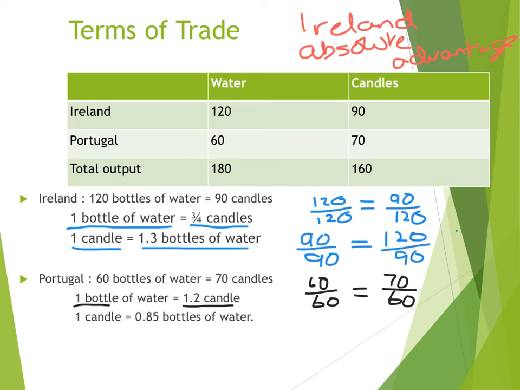Okay, so then let's look at the candles. So we have 70 divided by 70. Let that equal 60 divided by 70. And 70 divided by 70 gives me one candle, and 60 divided by 70 gives me 0.85 bottles of water. So what we can see here is that the opportunity cost of producing a candle is less than the opportunity cost of producing a bottle of water.